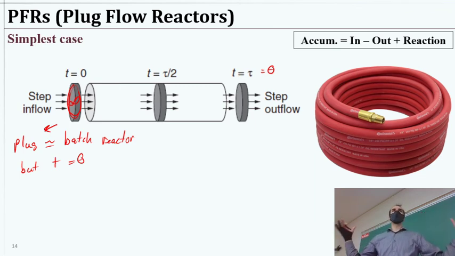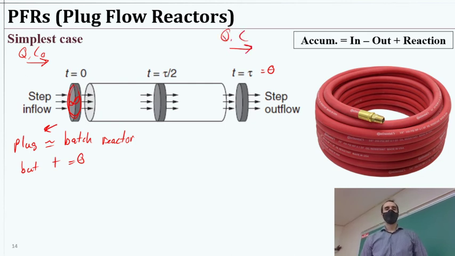Inside the whole system, there might be, because we have, obviously, stuff flowing in, Q, C naught, and stuff flowing out, Q and C. But we can know everything about the system just by treating it as if we have this little batch reactor on a conveyor belt. This little batch reactor goes through the plug flow reactor, and when it dumps out the other side, that's going to be our concentration, whatever happened in that little batch.